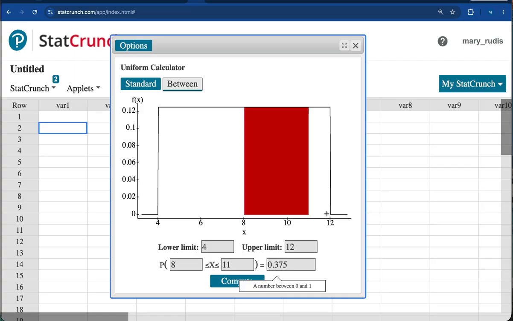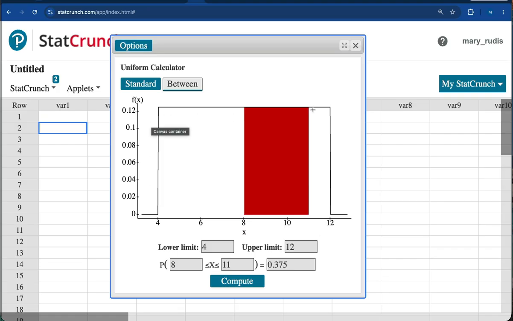What I want to show you here is that on our graph, we see a straight up line at 4 and a straight up line at 12, because that's where it begins and ends. It just cuts off at 4 and cuts off at 12. Everything in between has a standard, straight line height. That's what the uniform distribution looks like.